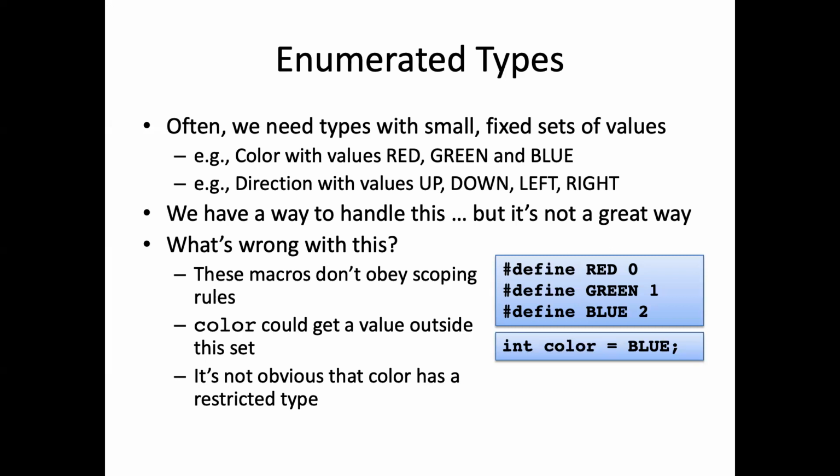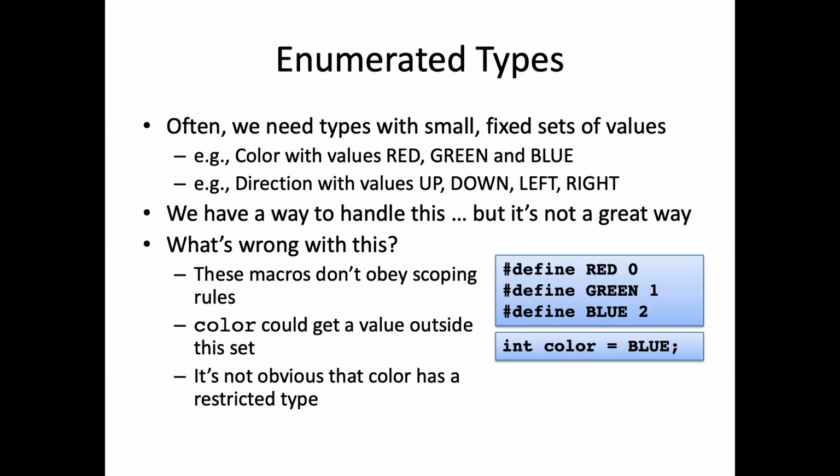Like in the code at the bottom, if we say color equals blue, we know the preprocessor is going to replace that blue with the number 2, whatever we picked up here. So within our code, we could use blue as a human readable name for a thing that's going to get mapped to the number 2 when our code gets compiled.